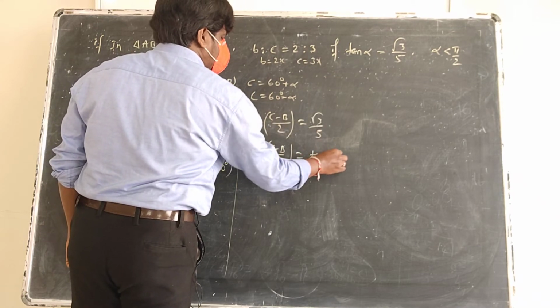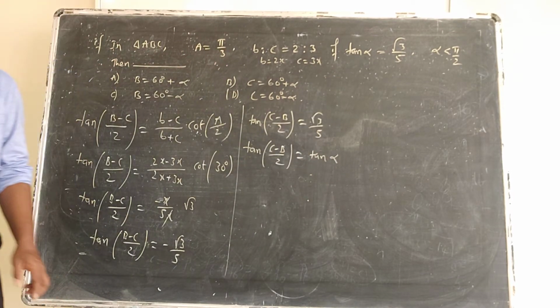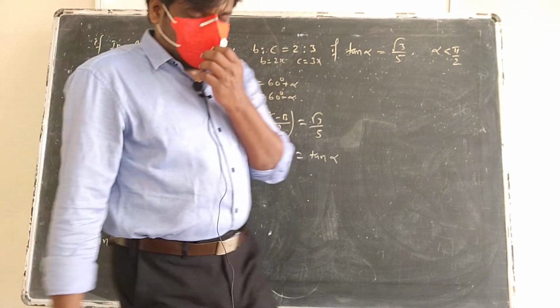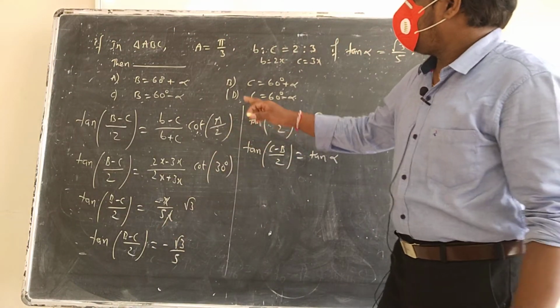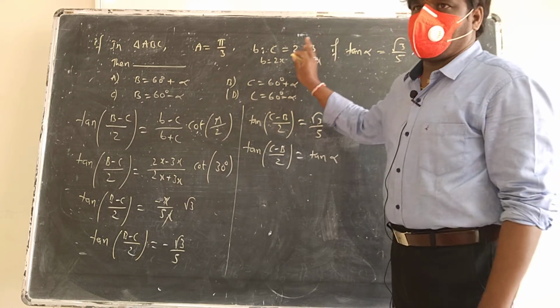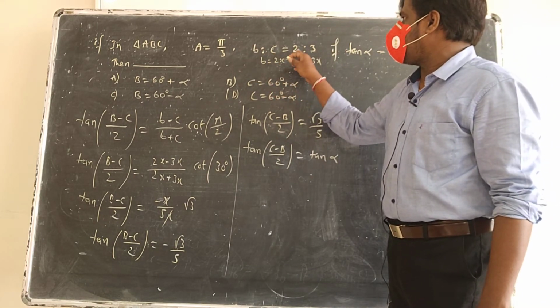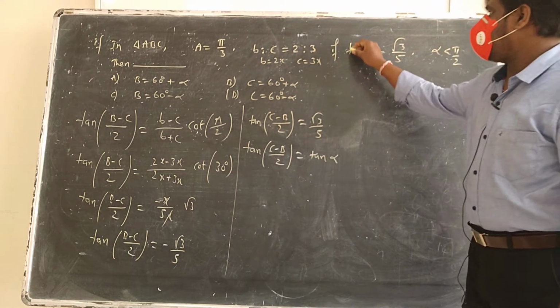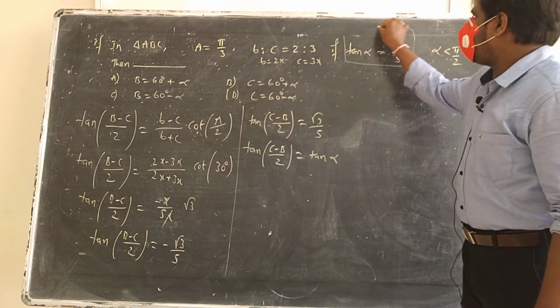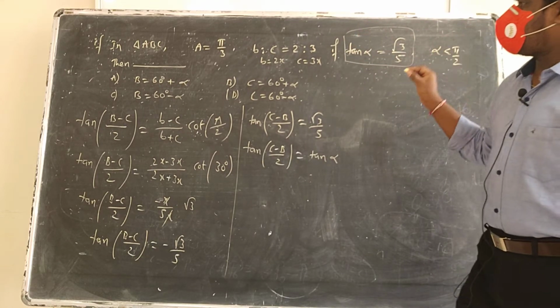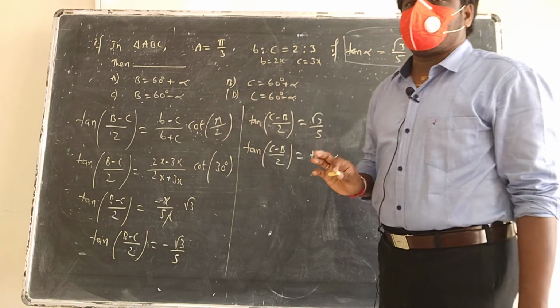Can I write this as tan alpha? See, I'll repeat once again, I'll make you understand. This is what is given: angle A is pi by 3, b is to c is 2 is to 3, tan alpha is equal to root 3 by 5. Then it is asking what are the angle B and angle C.